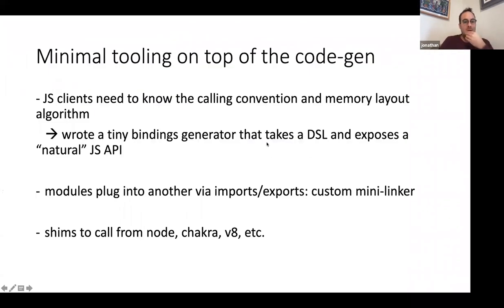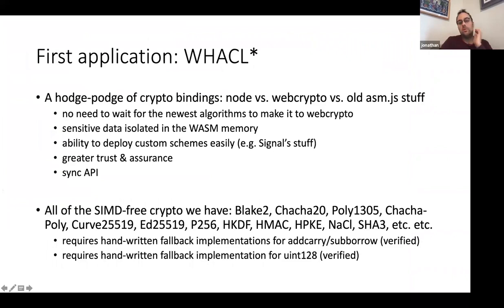All right. So what did we do with that new compiler architecture? The first application was WebAssembly, that essentially aims to replace the hodgepodge of crypto bindings that are out there. So our pitch is as follows. There's a lot of crypto that you need to call from JavaScript, and there's a lot of things that you can call. There's web crypto, but web crypto doesn't have the latest algorithms.